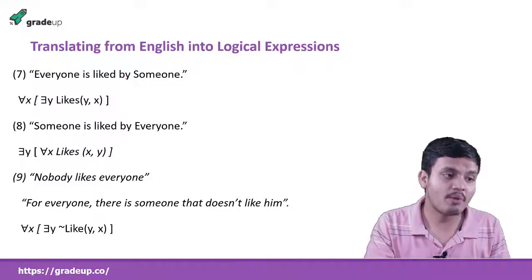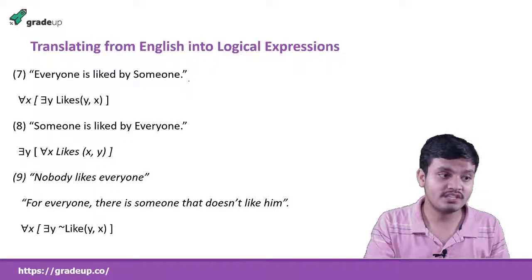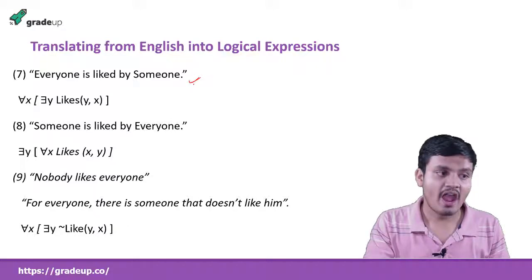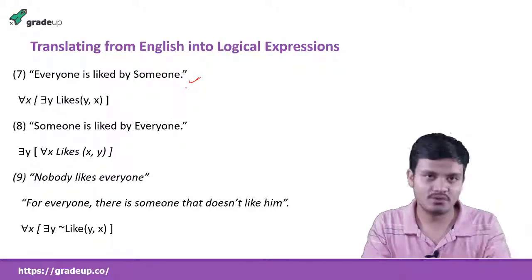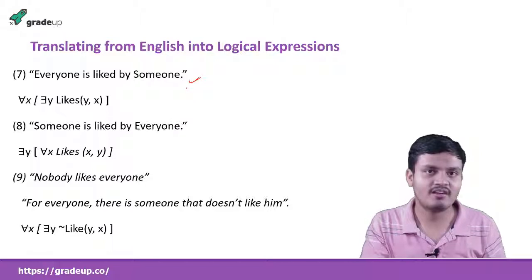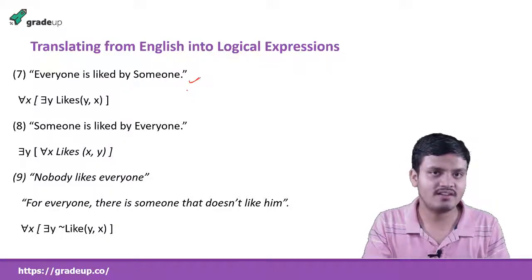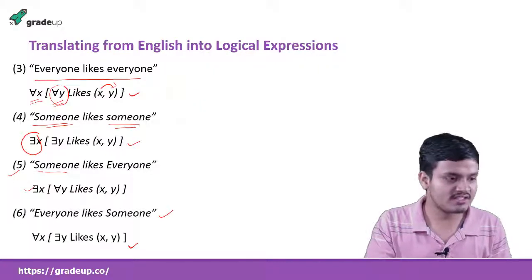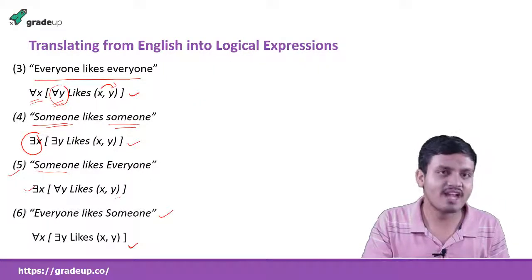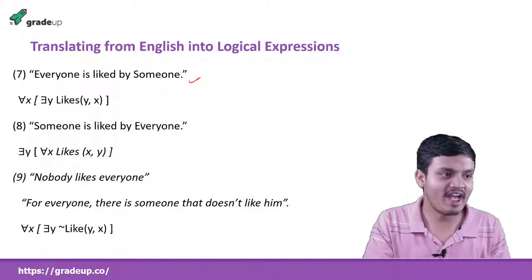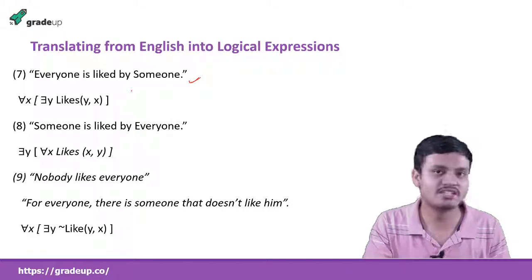Everyone is liked by someone. So this statement is saying that everyone is liked by someone. You are also liked by someone, I am also liked by someone. And this statement is different. Everyone likes someone is different, and everyone is liked by someone, both are different.